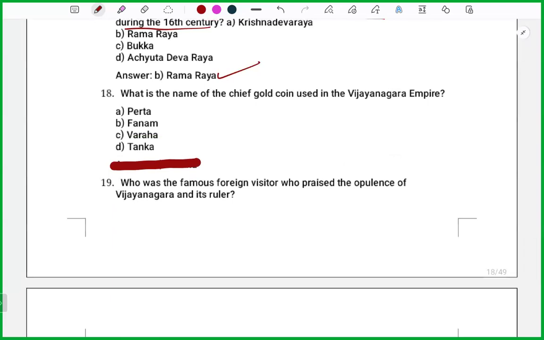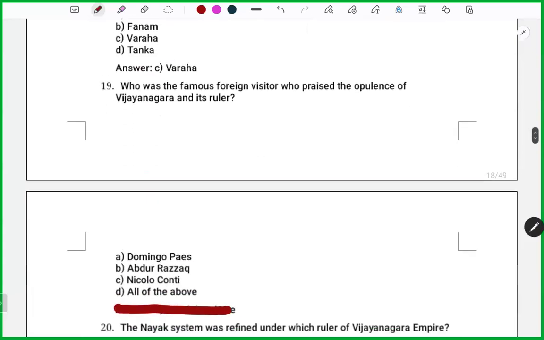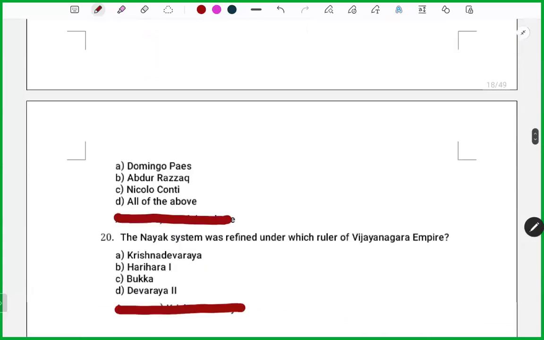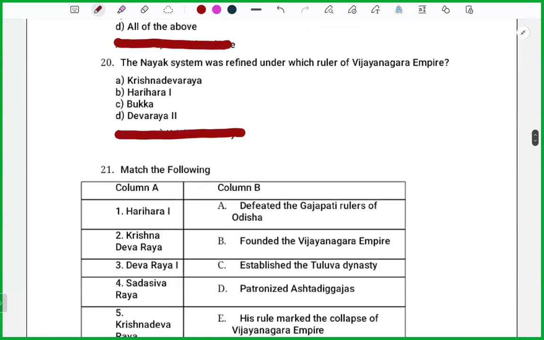Varaha. Okay, very good. Then, the Nayak system was refined under which ruler of the Vijayanagar Empire? Krishnadevaraya.